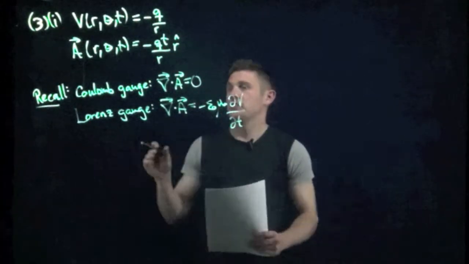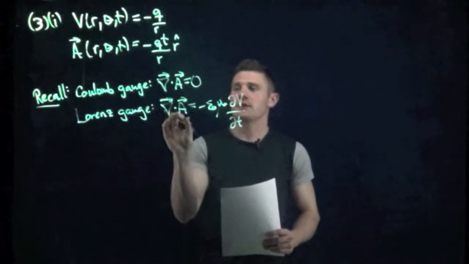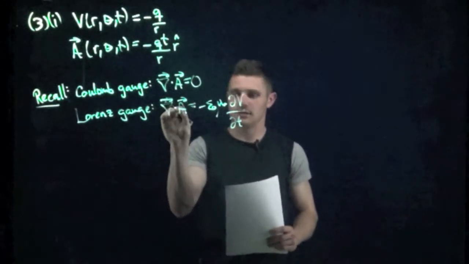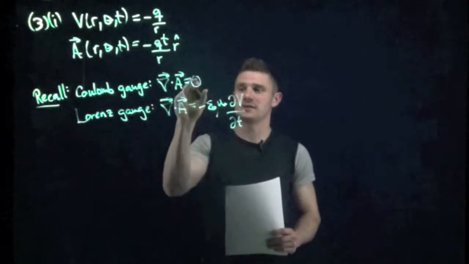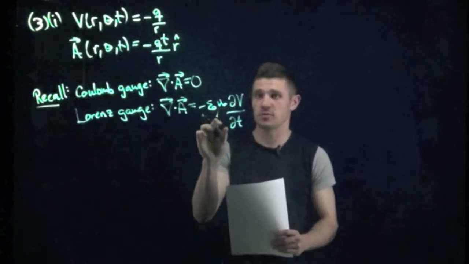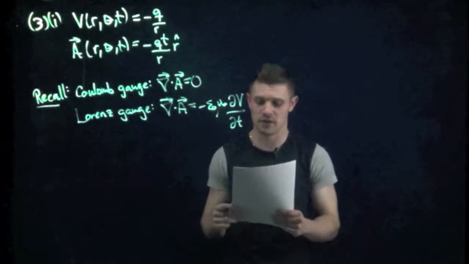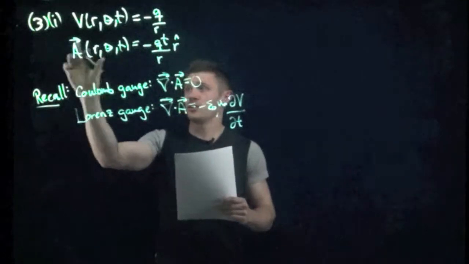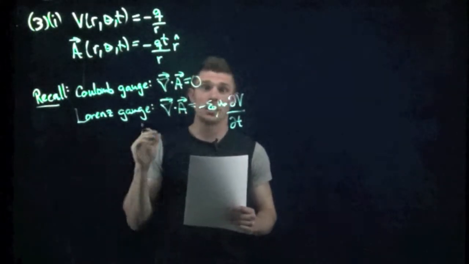To check these gauges, we need to calculate the divergence of A and see if it's equal to 0 or if it's equal to the negative time derivative, times some constants, of the scalar potential V. We'll start with our vector potential and take the divergence.